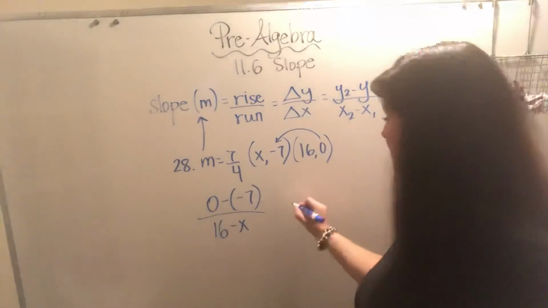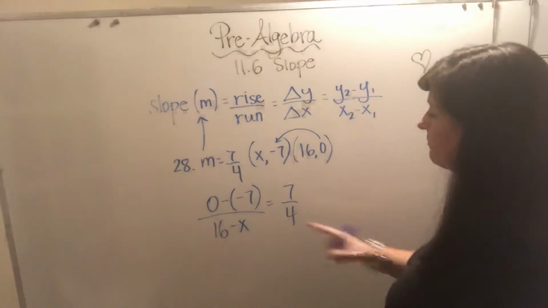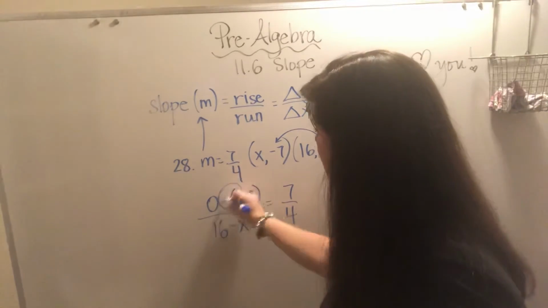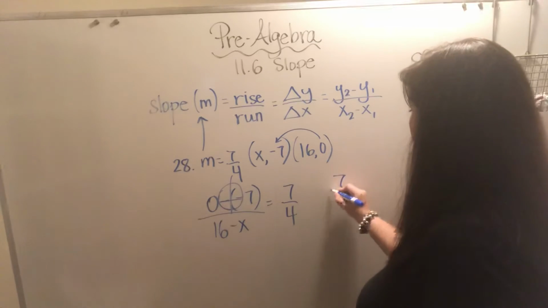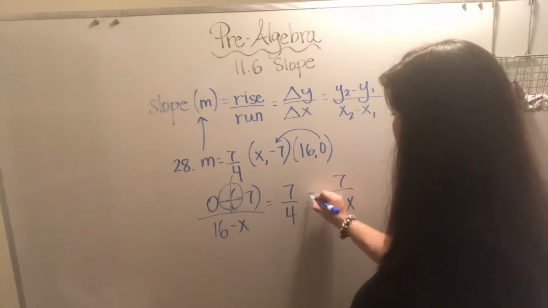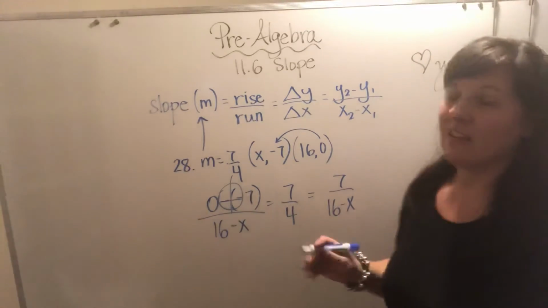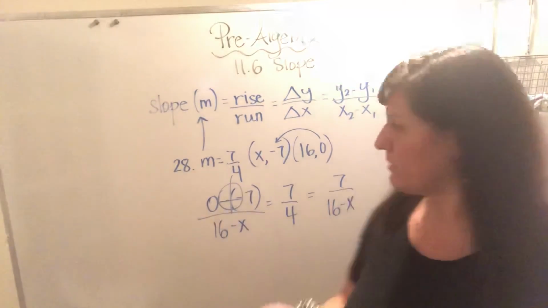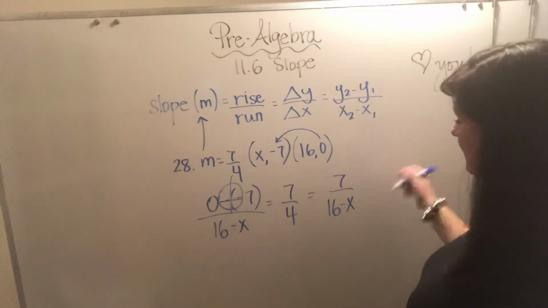But one more piece of information is important. I know that that's going to equal 7/4. Remember, minus a minus is plus. So I have 7 over 16 minus x equals 7/4. Now, this is a fairly simple one because most of you are like, oh, well, this one equals 7, that's done.